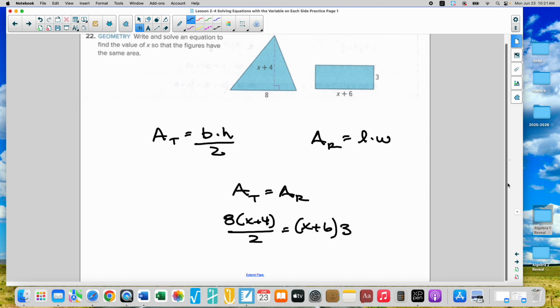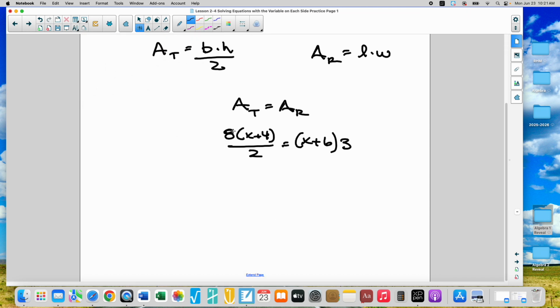So we have that problem right there. Let's simplify it a little bit. 8x plus 32 over 2 equals 3x plus 18. We could do the cross product. That's acceptable. It might not be what I do, but we can do this because this is what we've been working on.